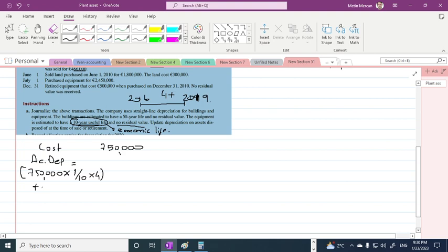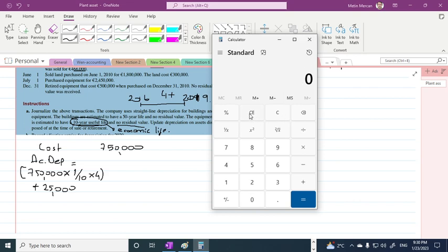Each year $75,000, since $750,000 is the historical cost, depreciated over 10 years. But we are depreciating 4 over 12. Each year $75,000 is depreciation expense.